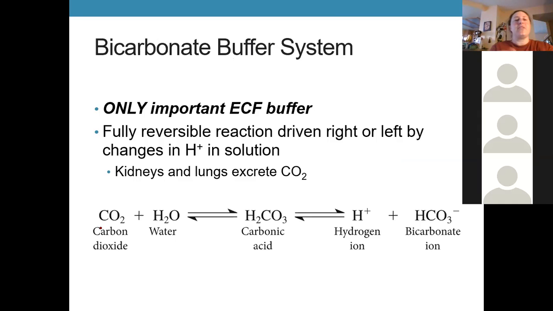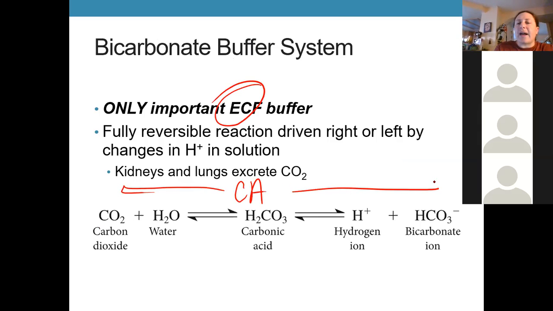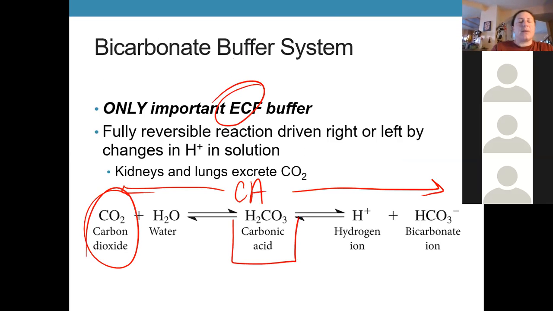So the bicarbonate buffer system is considered the only important extracellular fluid buffer. Remember that this is driven by carbon dioxide and the fact that most of the carbon dioxide in the blood is carried as bicarbonate. So we have this carbonic anhydrase, which drives this fully reversible reaction where we can combine carbon dioxide with water. We make an acid called carbonic acid. And when carbonic acid releases a hydrogen ion, we get a bicarbonate ion.